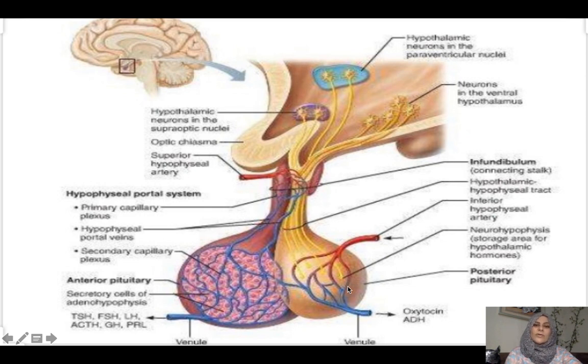The two hormones which are secreted from the posterior pituitary are the oxytocin and the antidiuretic hormone. Oxytocin is especially released to the uterus and to the mammary gland also for projection of milk and to the uterus for uterine contractions. So it is heavily produced especially during labor.